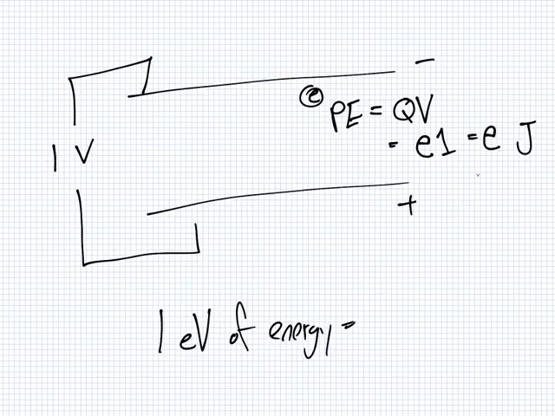What was the e? It's on the calculator. So 1 electron volt of energy is only this much energy. It's a small unit.